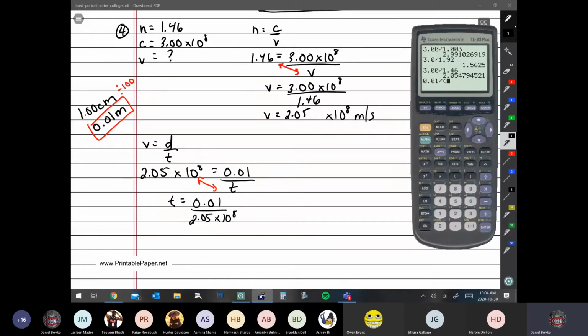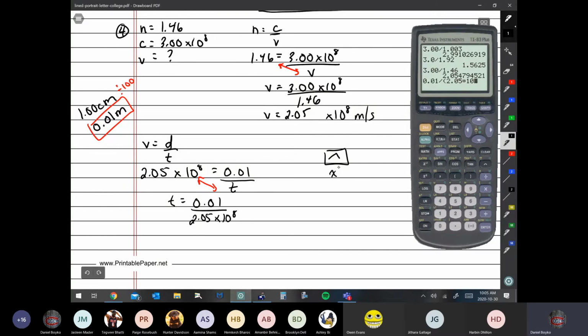The full denominator is 2.05 times 10. Now you need to find your exponent button on your calculator. It'll either be a little hat that looks like this. That's what mine is. It's right over here.